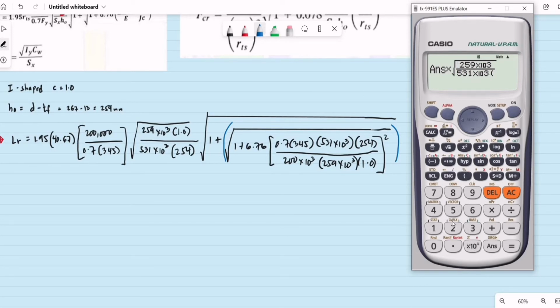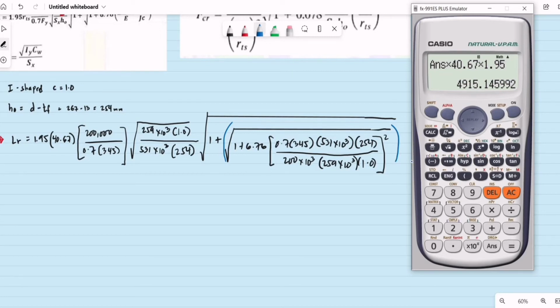Then the value of the H sub O, 254 mm. Then to be multiplied by 200,000, divided by 0.7 of 345 megapascals. Then to be multiplied by 40.67 times 1.95.